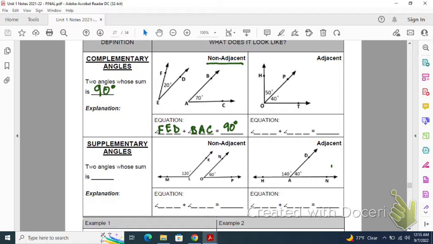Same thing with the second diagram. The only difference is this one is adjacent. That means remember that they're right next to each other.